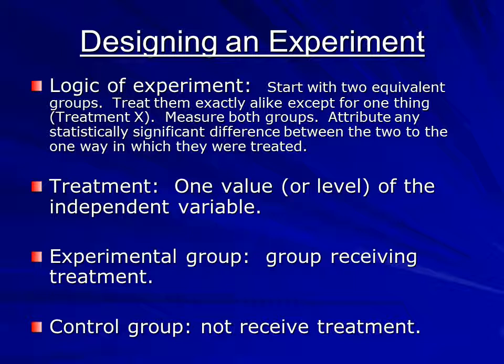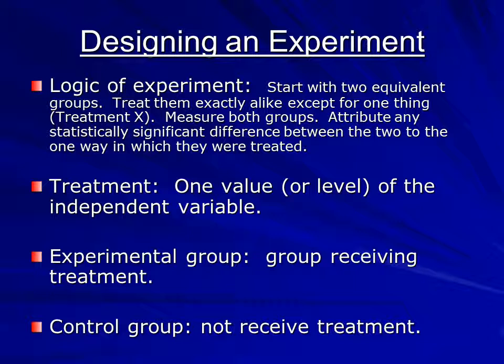Let's say you give them a month or a week or whatever. And then you attribute any statistically significant difference in whatever it is you're measuring to the treatment, the yes or no drug. You can imagine 2 equivalent groups is kind of tough. Would you rather have 2,000 in each group? Absolutely, but maybe we only got 25 in each group.